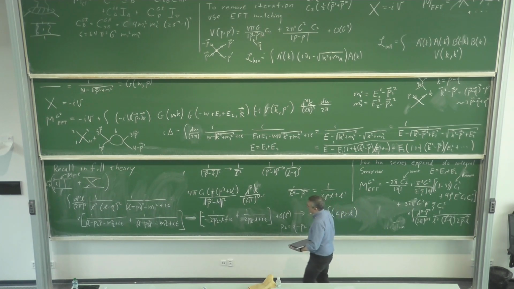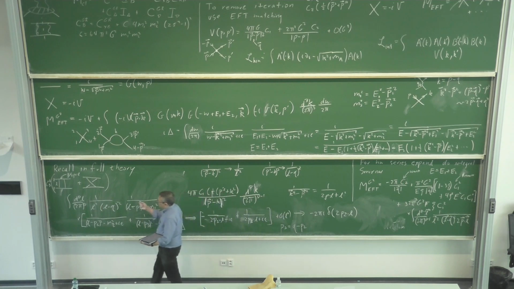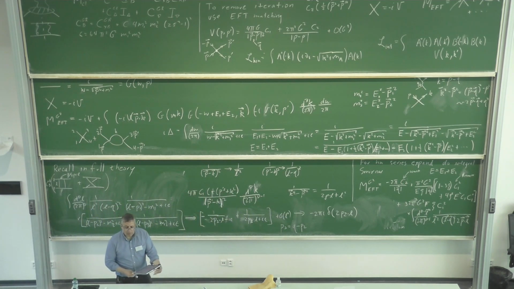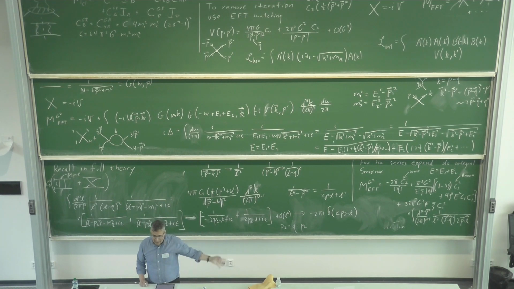Now, the fact that the energy integral becomes trivial should not surprise you, because remember, in the quantum theory, the reason why there's an independent energy integral from a momentum integral is the Heisenberg uncertainty principle. The relationship between energy and momentum doesn't have to hold for the virtual particles. We're dealing with classical physics. The thing has to localize.